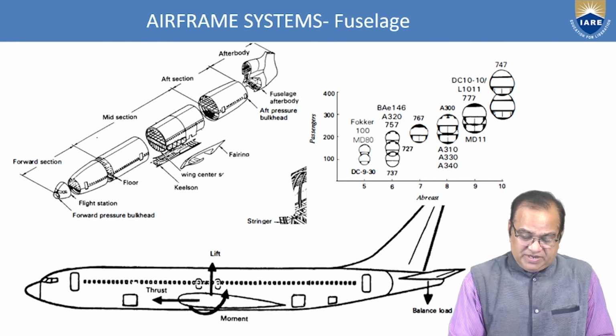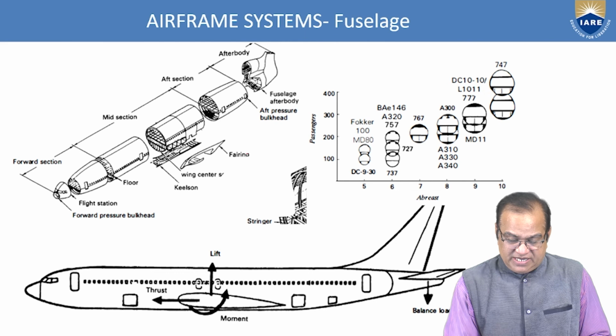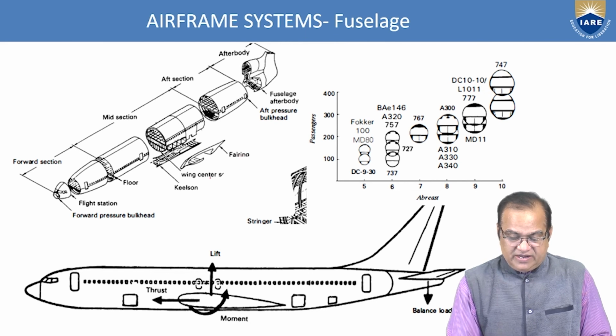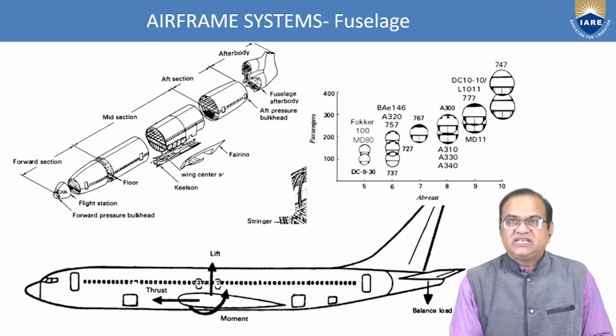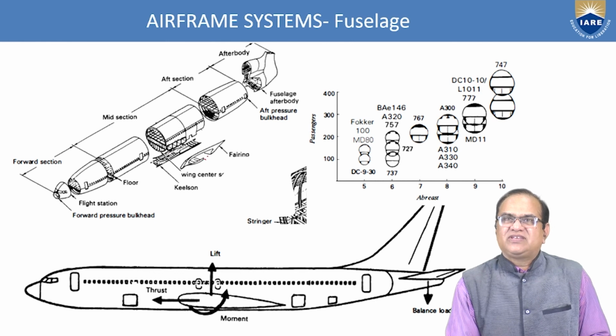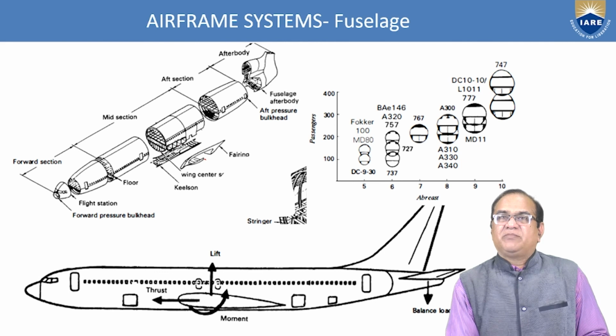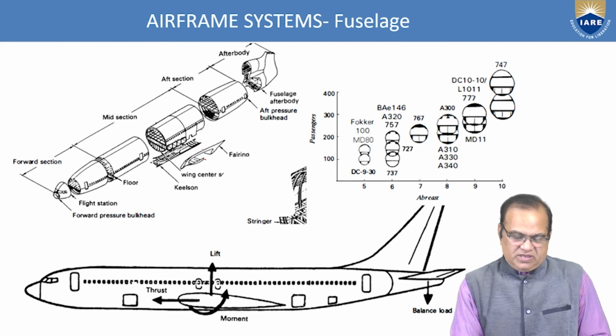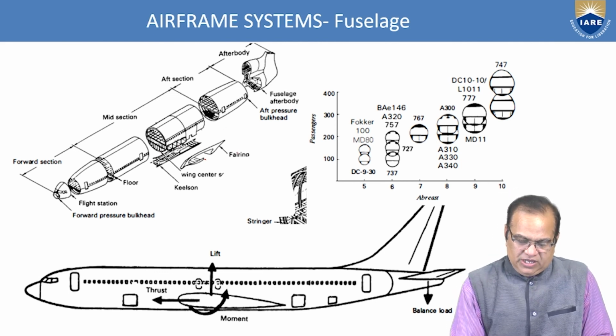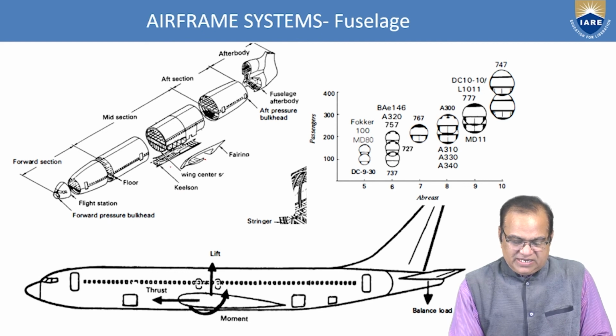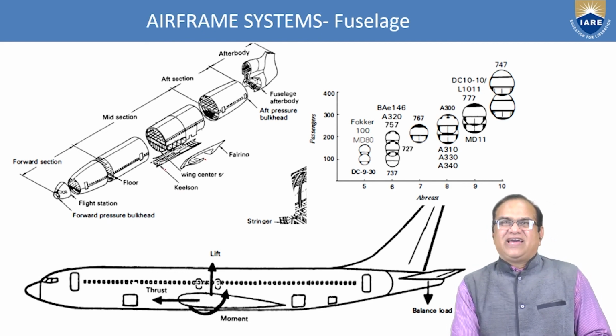Then the midsection starts. In the midsection you have the fairing and the wing center. Your wings are attached in this zone, and you can see the wing center here. The wings are fixed at the midsection, on both sides. Here you have the keelson, which is the keel of the aircraft.